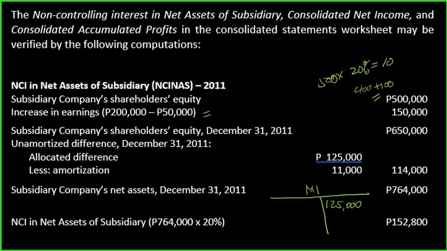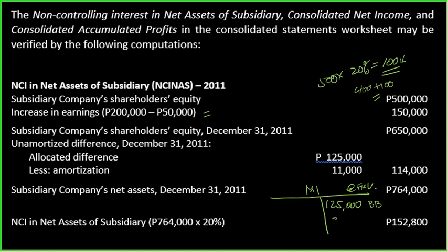So, hindi ba dapat 100,000? Yes. Pero, meron kasi tayong adjustment sa fair market value. Ang minority interest natin, it should be at fair market value. Tama po ba? Okay, so 125 was the beginning balance.